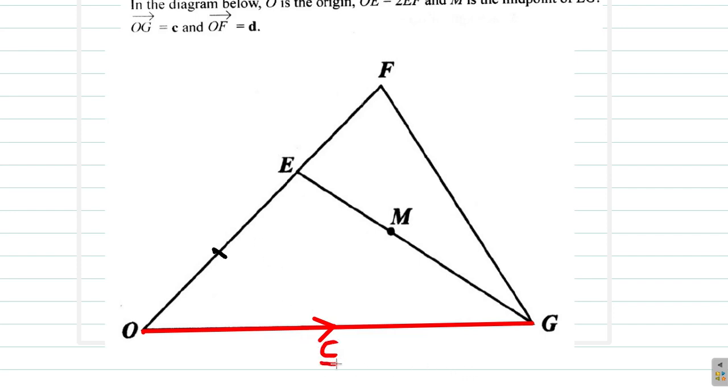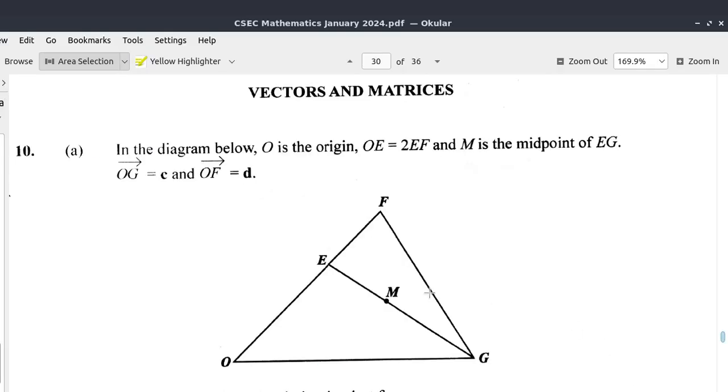Let me put a little line under it. Remember that when you give a vector a name using the 2 letters at the ends, use uppercase letters, and you have an arrow above it to show it's a vector. But if you give it a name with 1 letter only, it must be lowercase in bold.